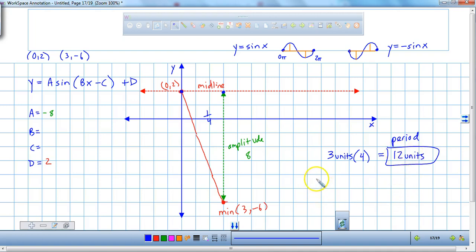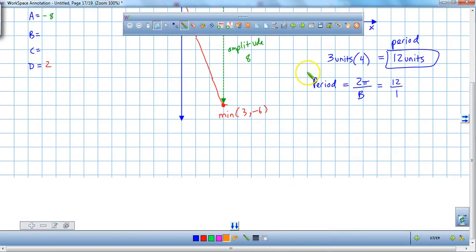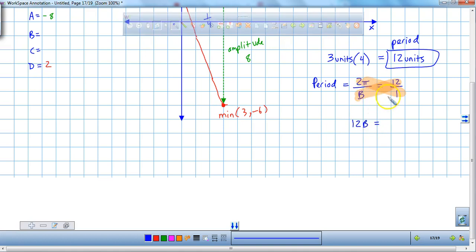Remember, the formula for the period is always equal to 2 pi over b. This is going to help us find the b value that we need for our function. So 2 pi over b equals 12 over 1. Move this over here and do a little cross multiplication. b times 12 is 12b. 2 pi times 1 is 2 pi.